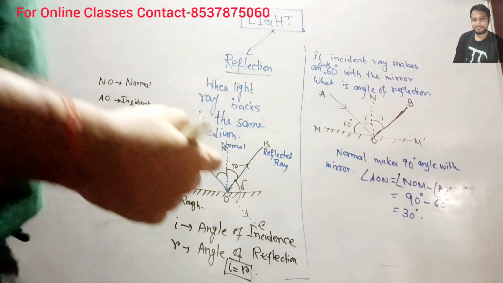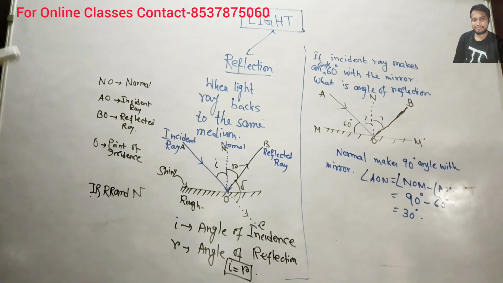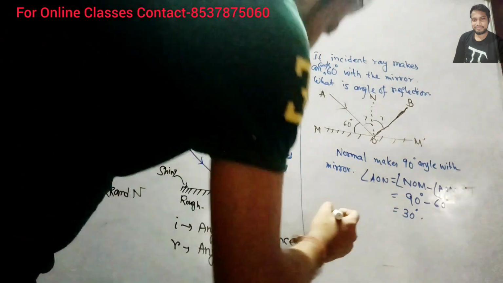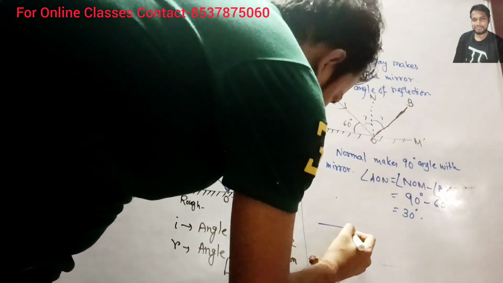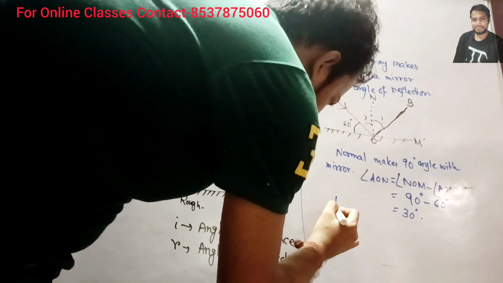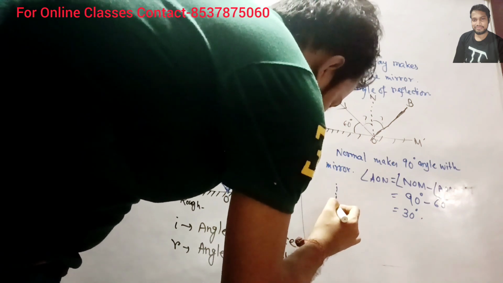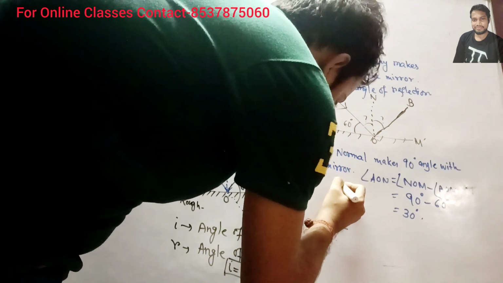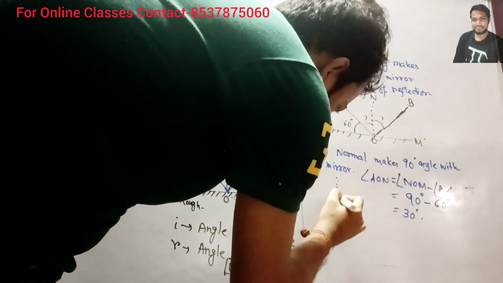Clear? One question is asked like this: if the incident ray and the normal overlap with each other, what will be the angle of reflection? Remember, this is the normal, this is the incident ray.